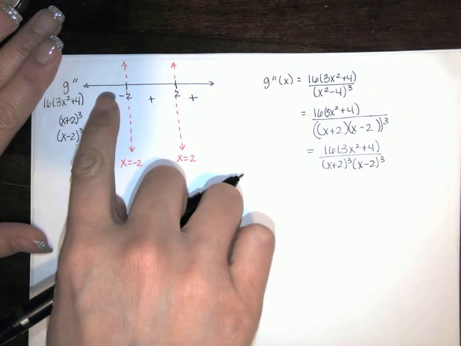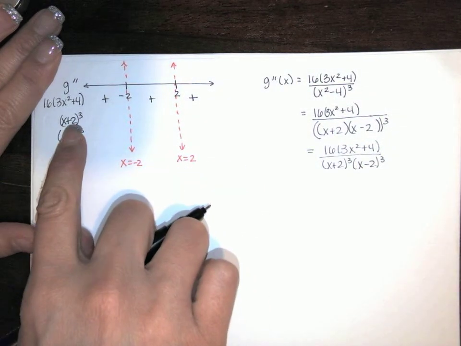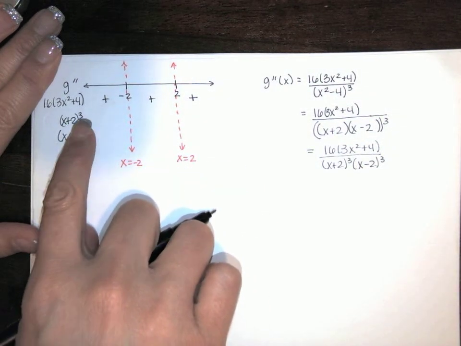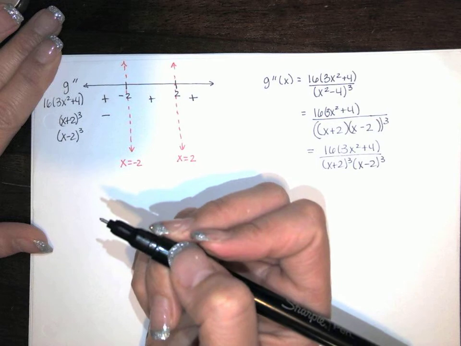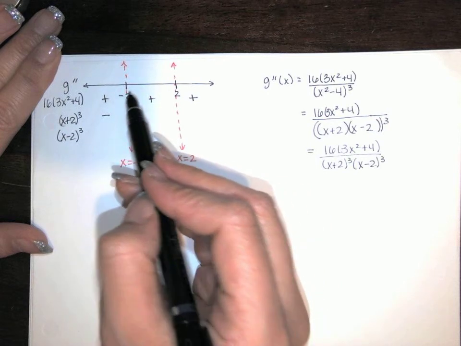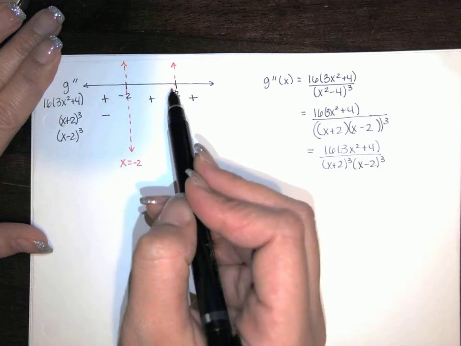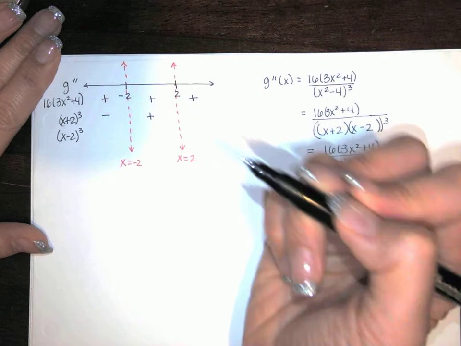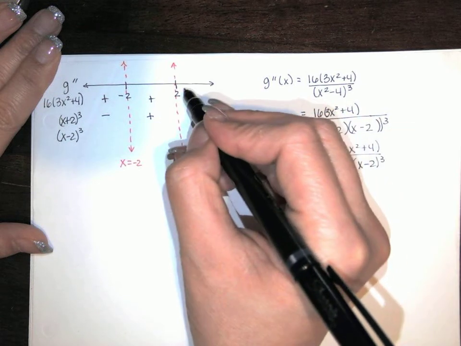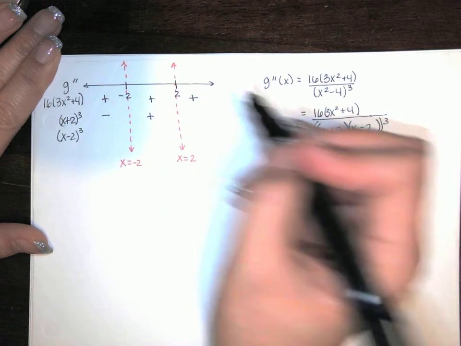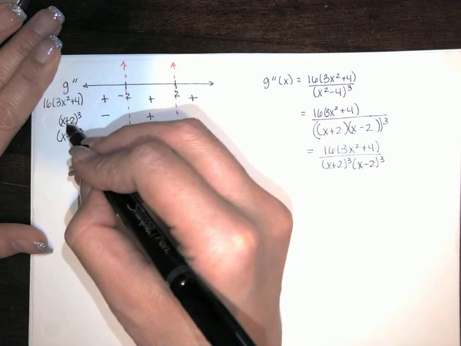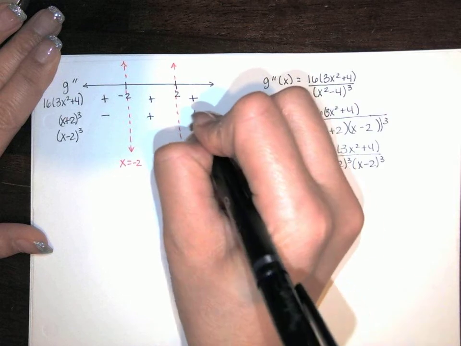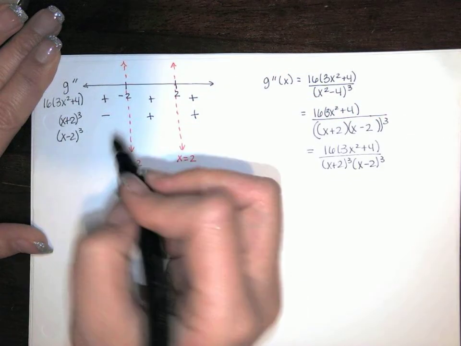So I'll substitute in negative 3 over here. Negative 3 plus 2 is negative 1. Negative 1 cubed is negative. On this interval, negative 2 to 2, plug in x equals 0. 2 cubed is 8, it's positive. On this interval from 2 to infinity, substitute any x value you want from 2 to infinity, maybe 3. 5 cubed is positive.